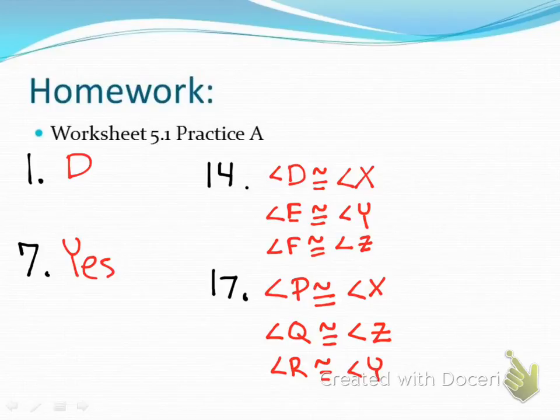Another way, if it confuses you, just label it as you go. So as you're reading the directions, just sort of label the corresponding parts. But again, if you get stuck, we don't have a quiz until next Wednesday, so we do have some time to practice. Any questions before I set you loose? You got about 9 minutes to work on this worksheet. Anything you don't finish in class, just take home and finish.